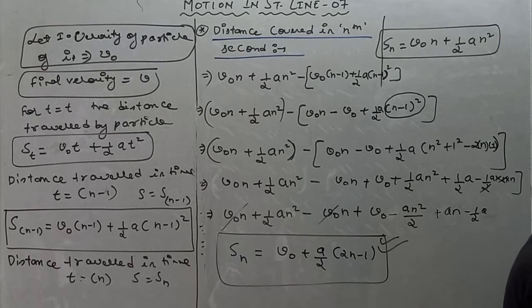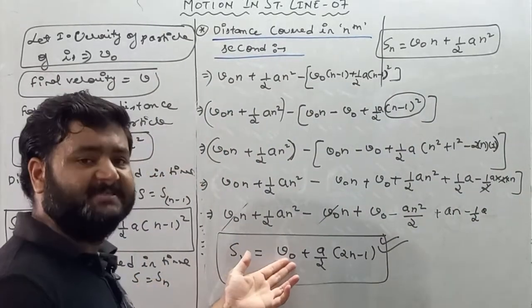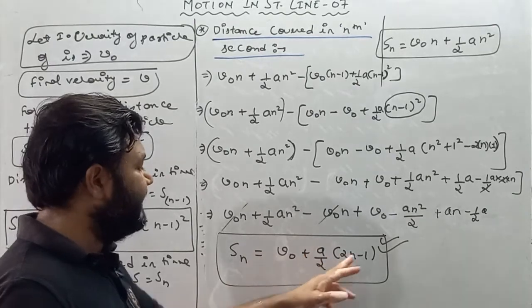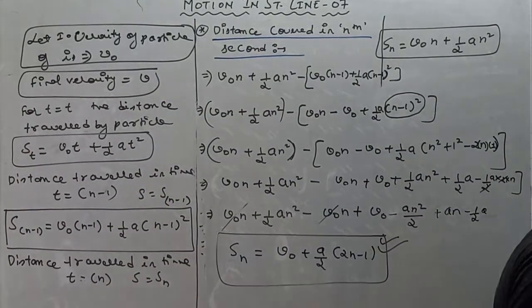If not, then pause the video and see how I solve this equation. It is simply v naught, the initial velocity of particle, plus half a into 2n minus 1. N is nothing but distance traveled by particle in nth second. I hope you all understand this equation.